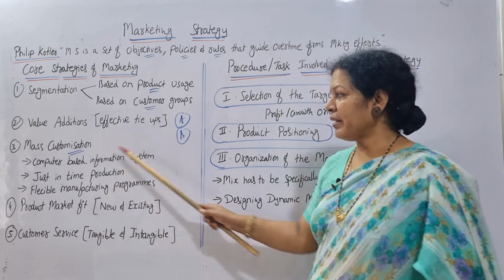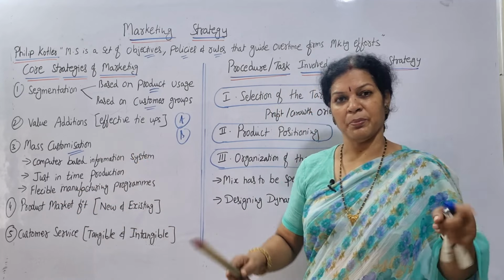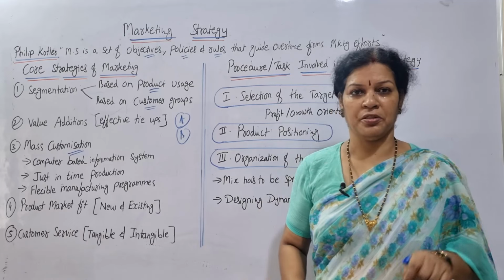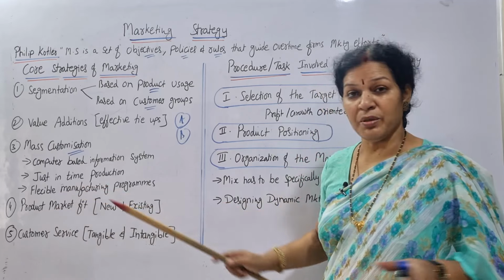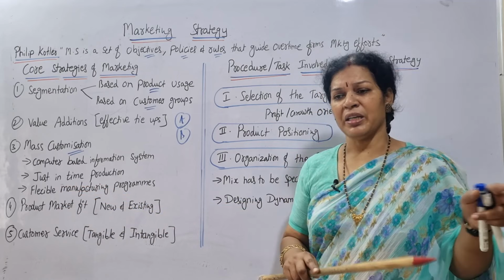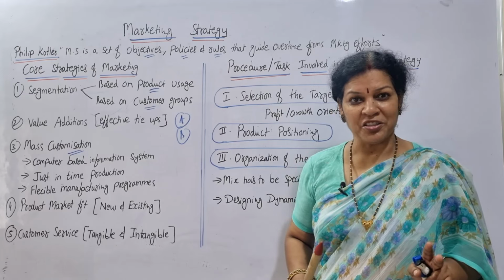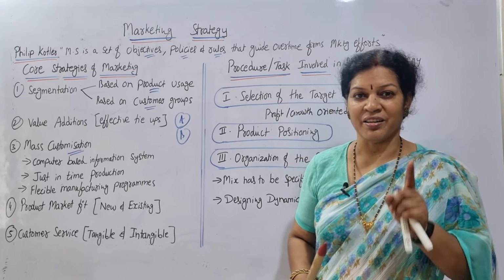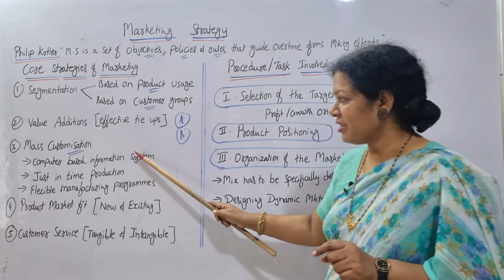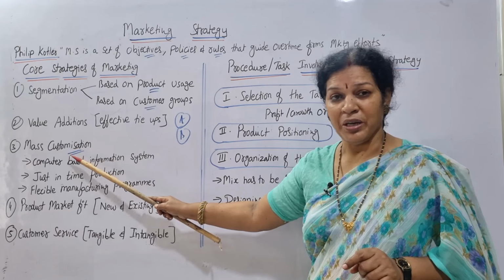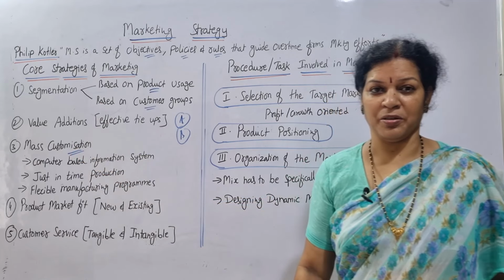We have already prepared according to the computer information system, but that can be changed. That is called the flexible manufacturing system program. Whatever we have already prepared can be modified and changed. That flexibility is available in our organization. So these are the 3 points you have to remember when you go for mass customization.